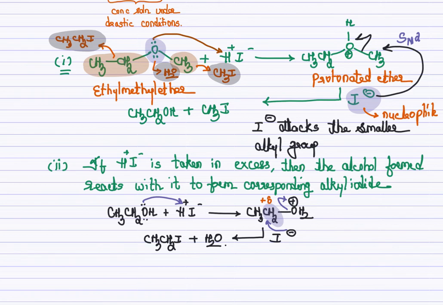If you use excess, then the bigger alkyl group also gets converted into a corresponding alkyl iodide. The same would happen if you take HBr or even HCl for that matter. If they give you a reaction, you have to put chlorine or bromine here instead of iodine, right? But the reaction would proceed exactly in the same manner.